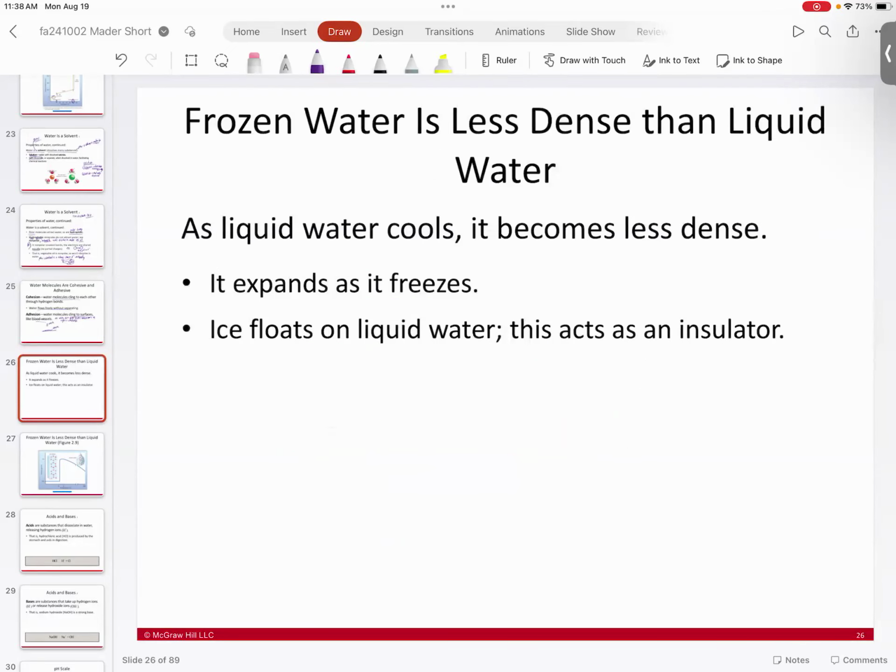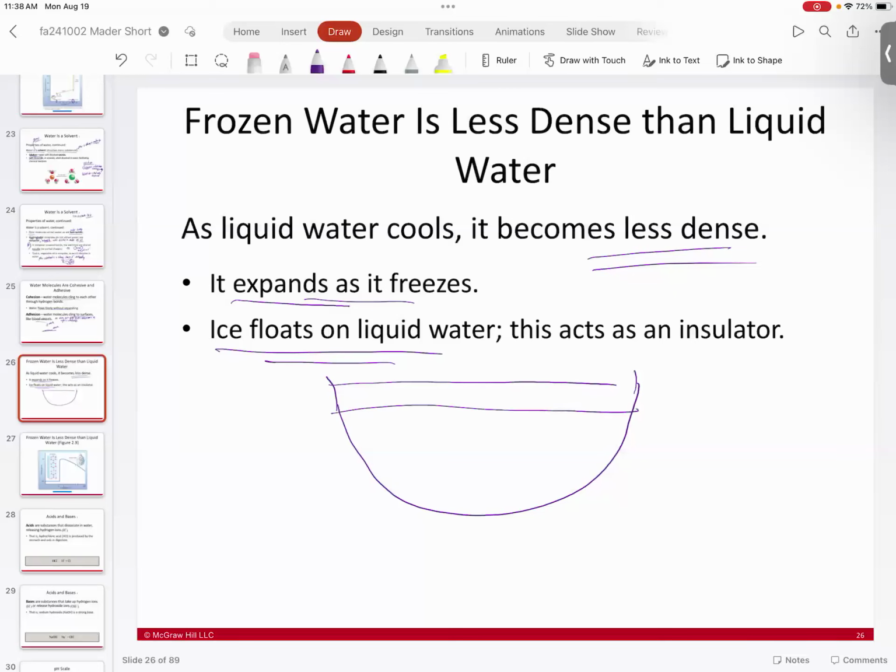The other one is also the density of the solid. So the solid is actually less dense, which is crazy talk, than the liquid. And that's because it expands as it freezes. And we'll see this here in just a second. And it allows ice to float on liquid water. If that wasn't the case, if you had a lake, that top layer would freeze over, creating your little ice shelf.